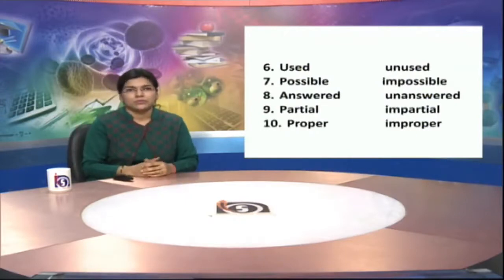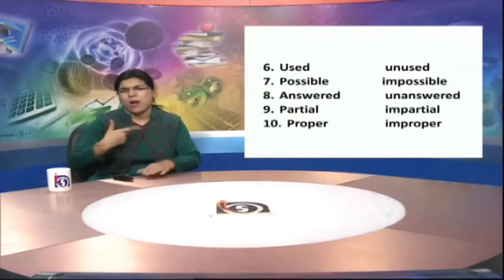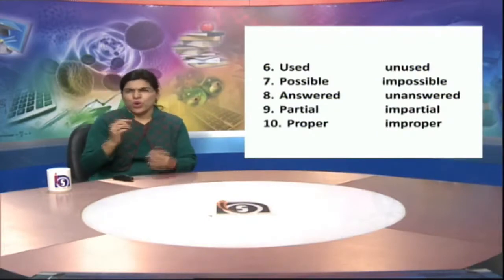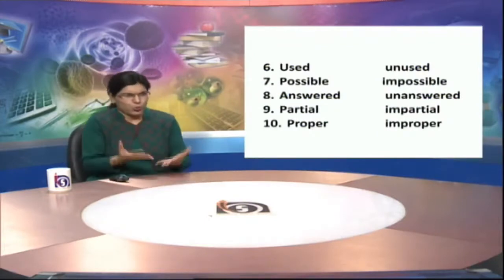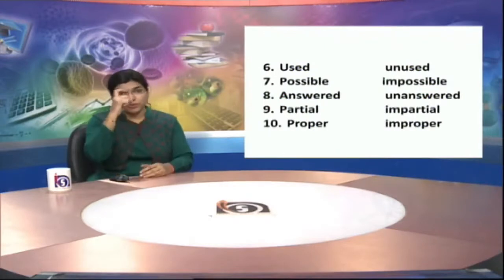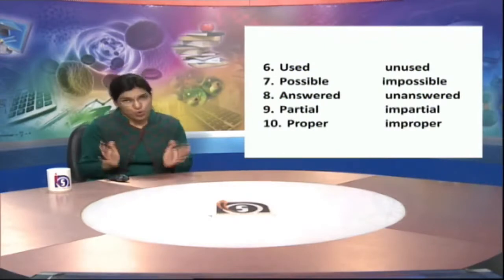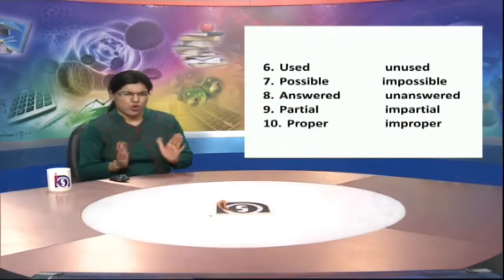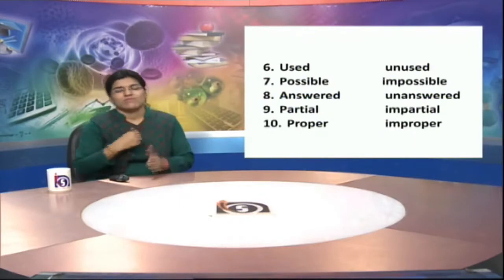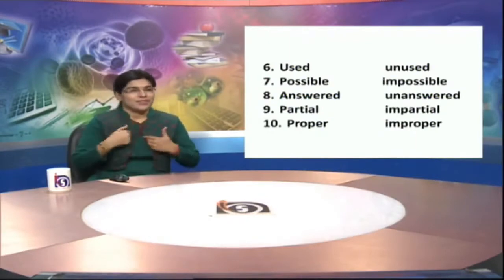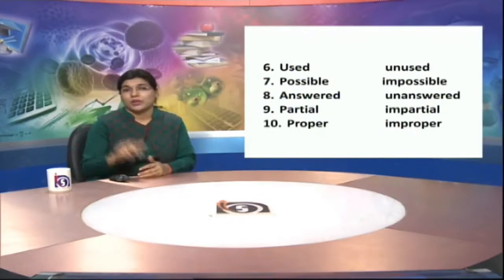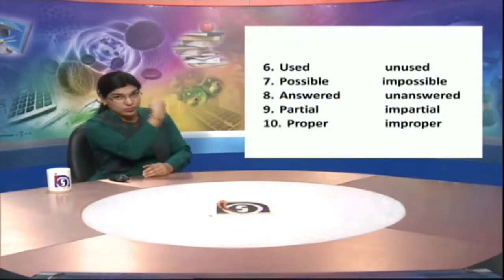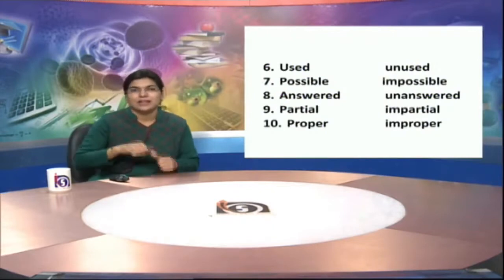Sixth word is used. Opposite will be unused. Seventh word is possible. If it is a difficult situation, we make it possible. But the opposite is impossible. Eighth word is answered. The opposite is unanswered.